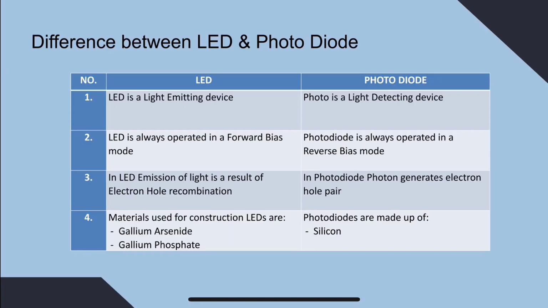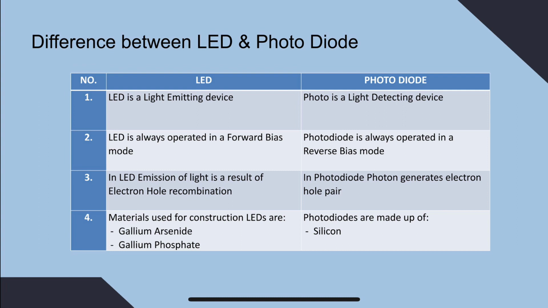Next, the difference between LED and photodiode. Number 1. LED is a light-emitting device, while photodiode is a light-detecting device. Number 2. LED always operates in forward bias mode, while photodiode always operates in reverse bias mode. Number 3.